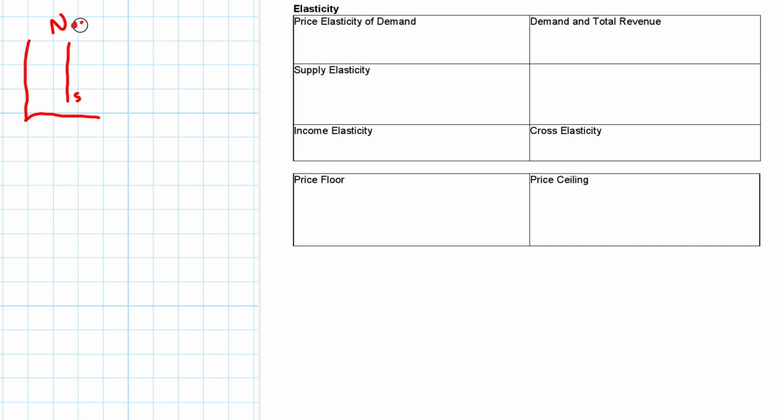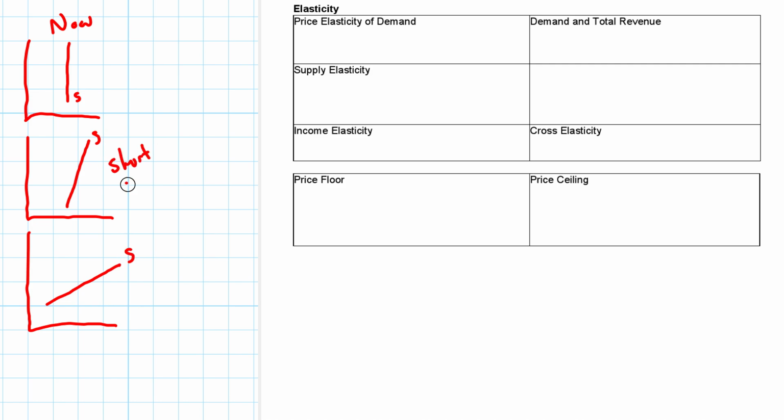In the short run, meaning if you've got a little bit of time to prepare, you're going to have a slightly more elastic supply. And in the long run, you can be a lot more elastic. You've got a lot more time to plan things. Short run, long run. And that's kind of all I'm going to get out of supply elasticity right now.